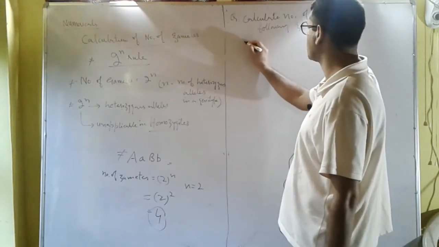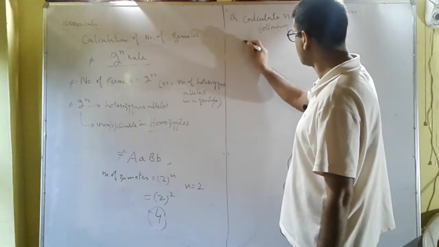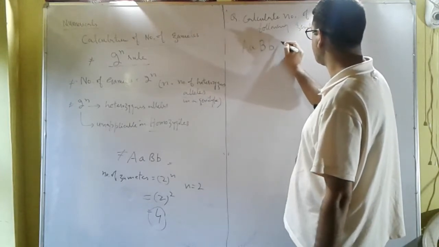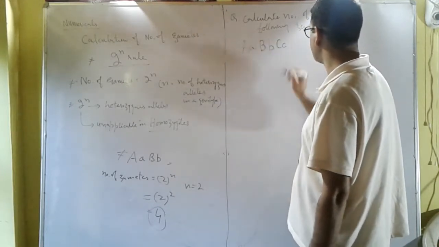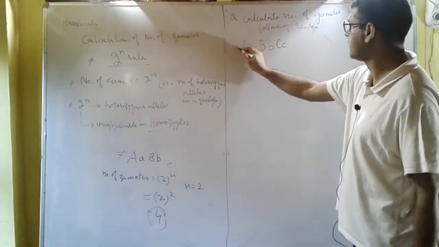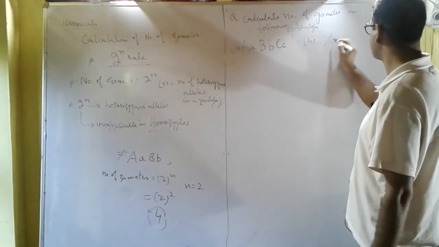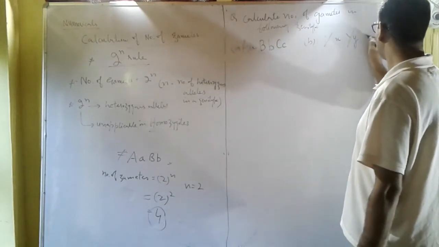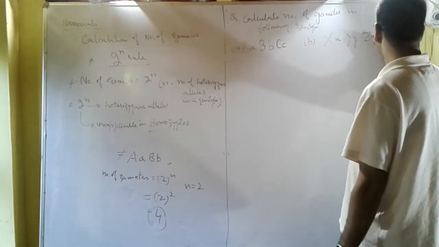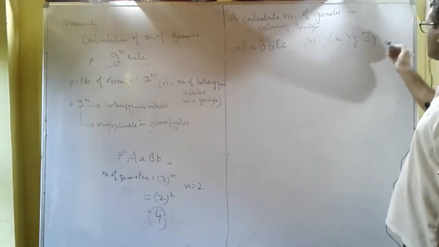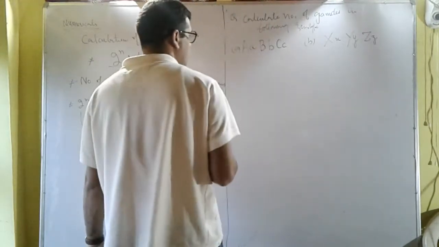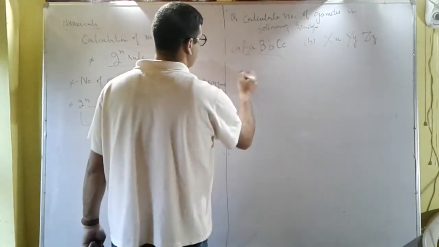We have, for example, A, B, and C. Same is the case, this is capital A, small a, capital B, small b, capital X, small x, capital Y, small y, and capital Z, small z. So this represents a sort of trihybrid condition.